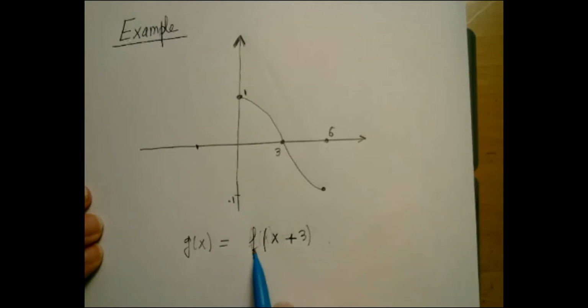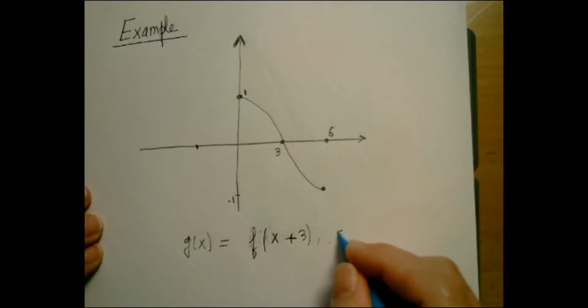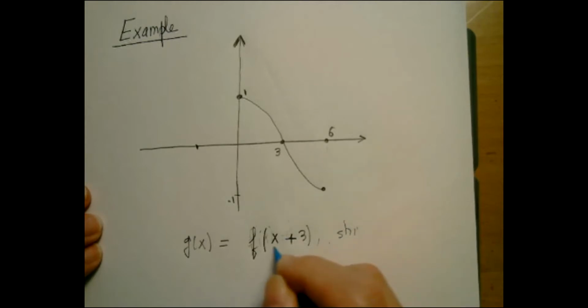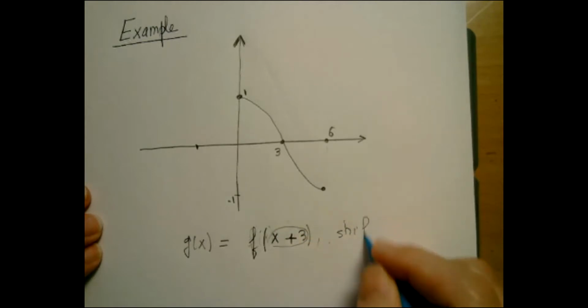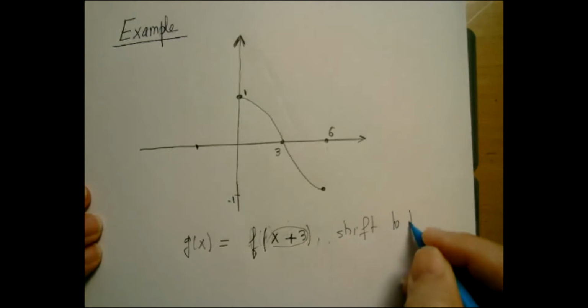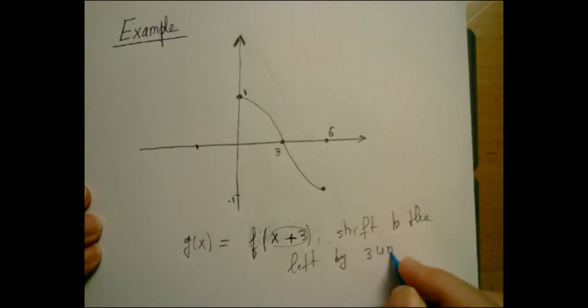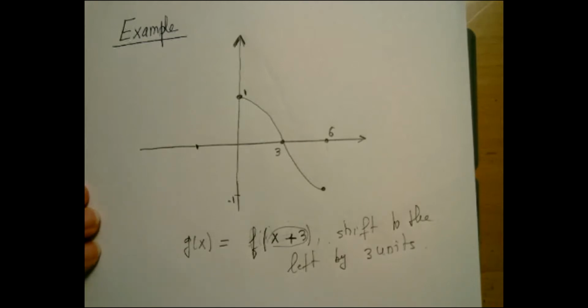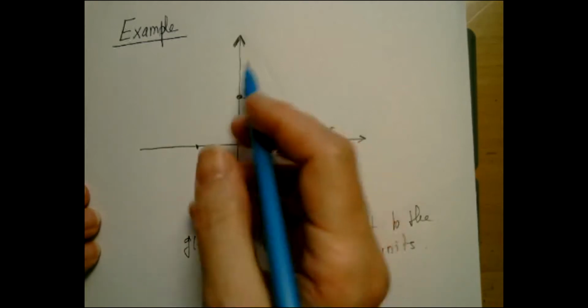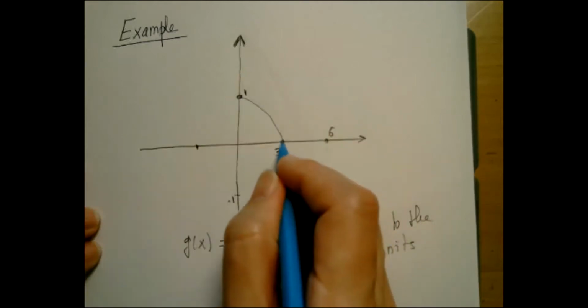How do we get g from f? Because I have x plus 3 here, we have to shift to the left by 3 units. That's the effect. So let us construct g. Whatever f does, we're going to shift to the left by 3 units.